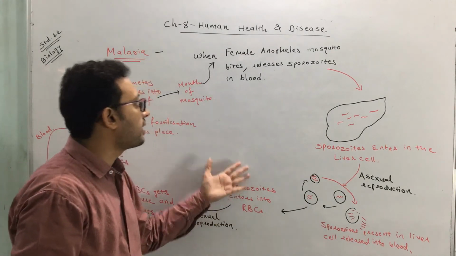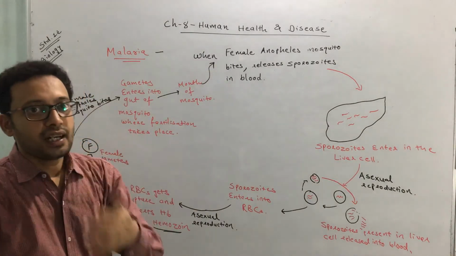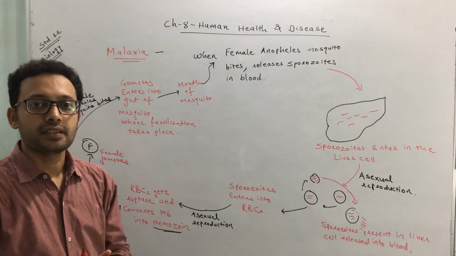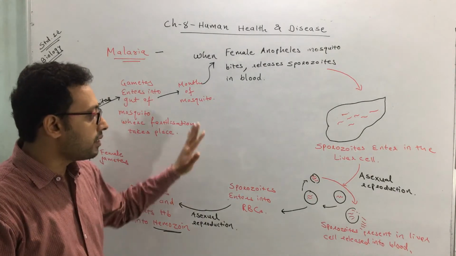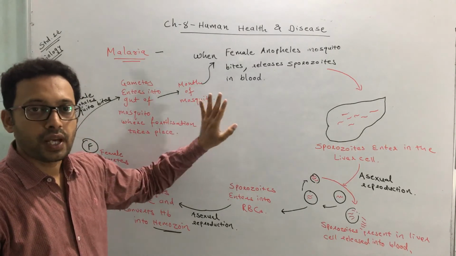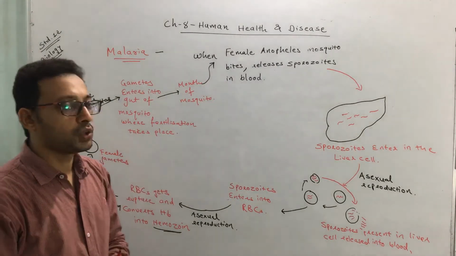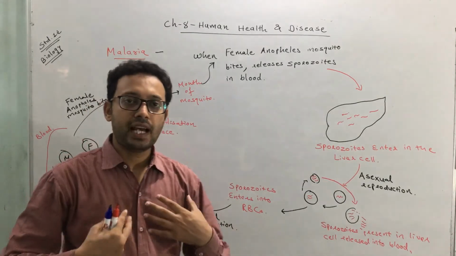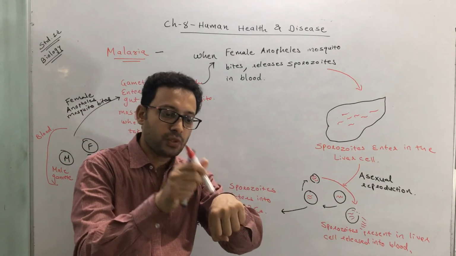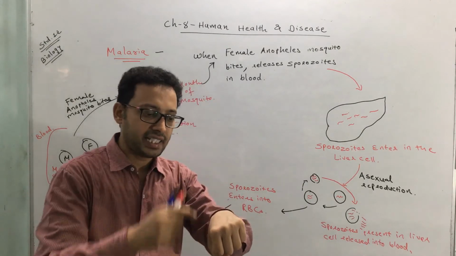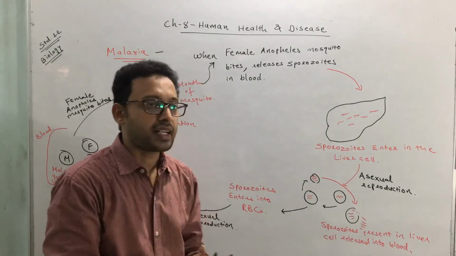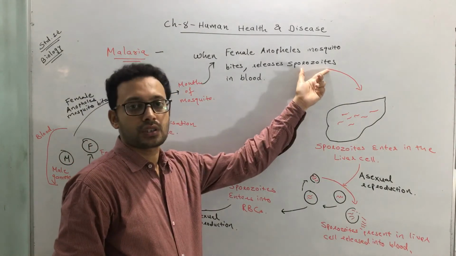So this is the life cycle of the malarial parasite, how they are responsible for causing malaria. I again repeat, the life cycle of malaria is a very important one. Let me repeat how this disease is going to spread. Suppose I am a person, and a female Anopheles mosquito sits on my body and bites. When it bites, its saliva contains sporozoids.